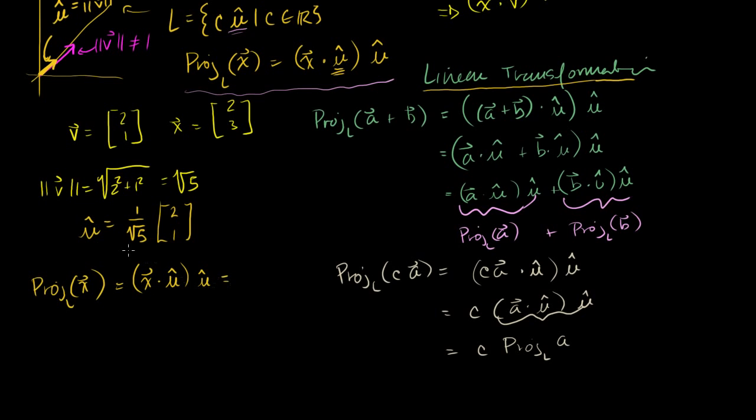Now, how can I write this as some matrix vector product? I want to write it as a product of some matrix times x.